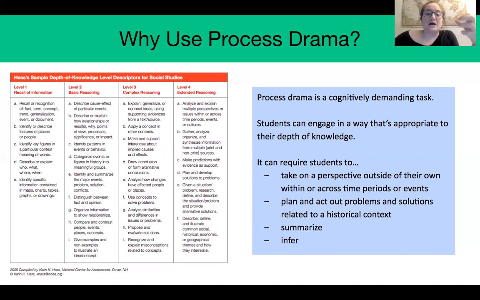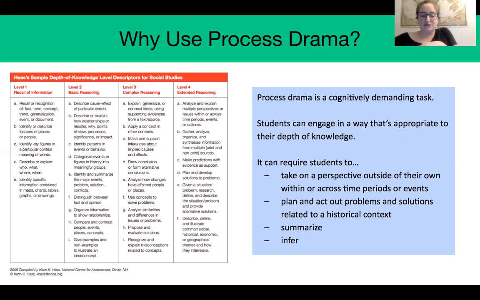So, when you use process drama, it can actually require students to take on a perspective outside of their own, within or across time periods or events, depending on what you're studying. It can require students to problem solve and act out and plan problems and solutions related to a specific historical context.